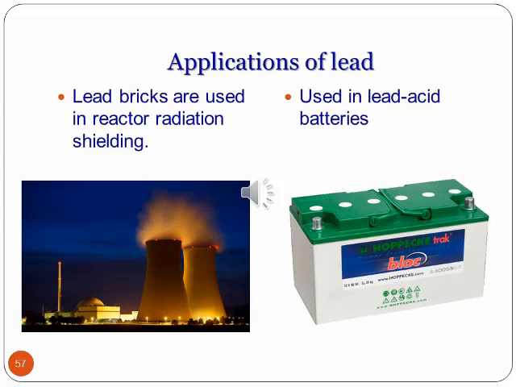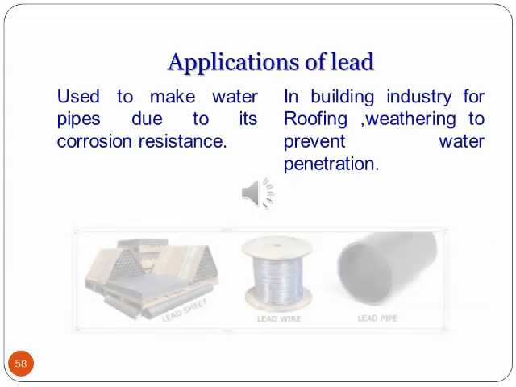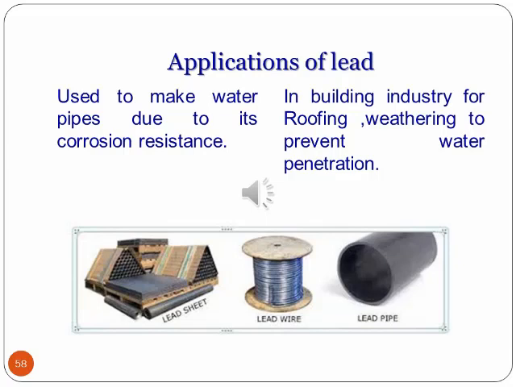They are used in lead acid batteries. They are used to make water pipes due to their corrosion resistance. It is used in the building industry for roofing, weathering, to prevent water penetration, etc.